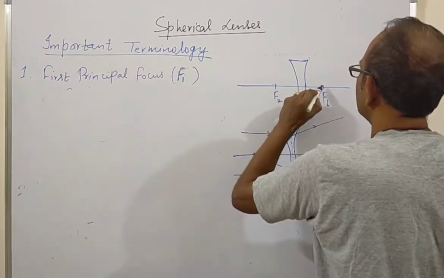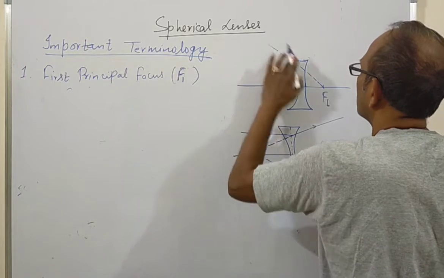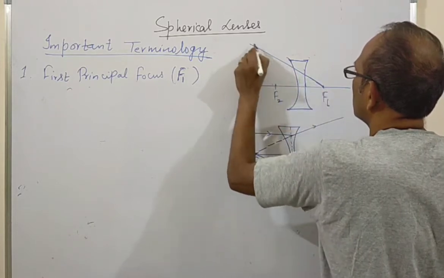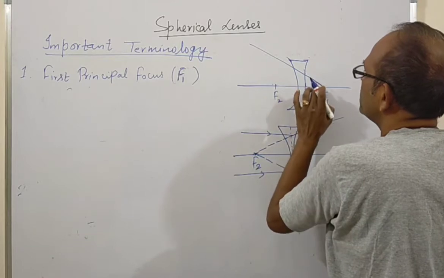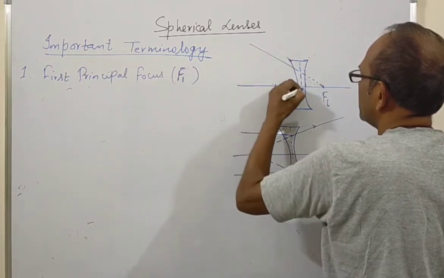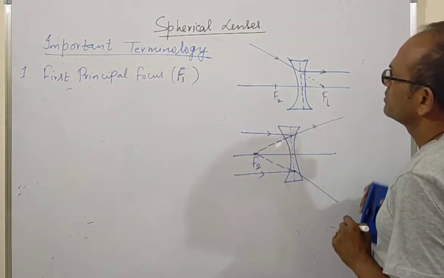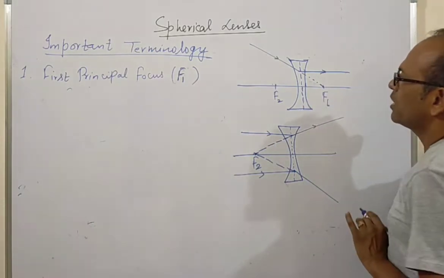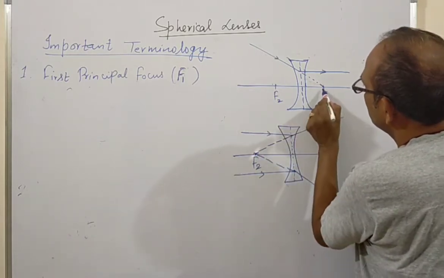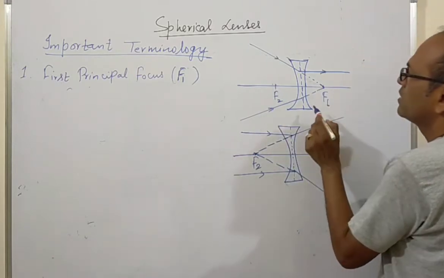Okay, so if a ray of light is incident such that it appears to be incident at the first principal focus, and after refraction it becomes parallel, then from this side also I can take, for example, in this manner, right?